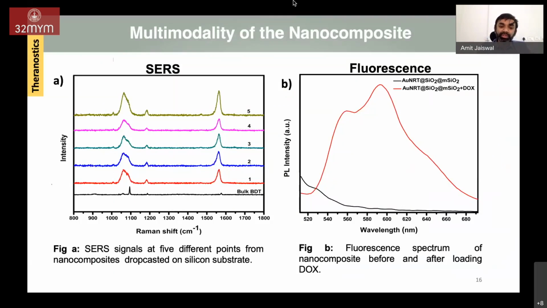But due to the presence of a thin solid silica shell, the metal nanoparticle in the core does not quench the fluorescence of the doxorubicin, which is loaded in the porous shell. Further, the solid silica shell also protects the BDT molecule which is loaded in the core and does not let it come out, and we are able to perform SERS imaging through that as well.